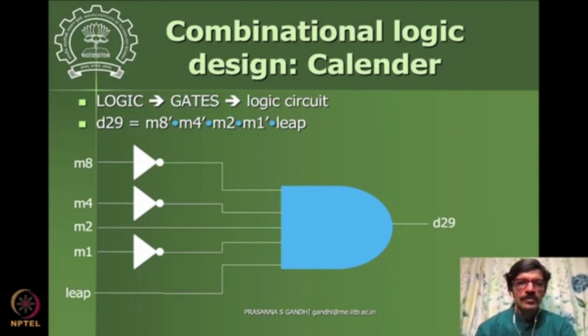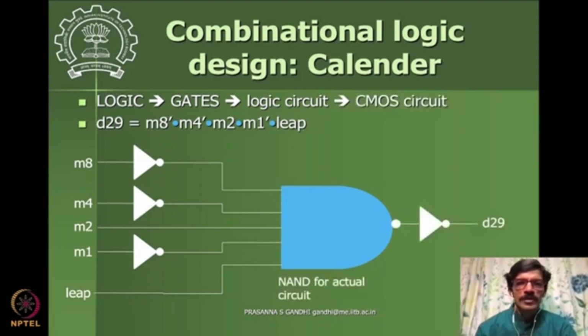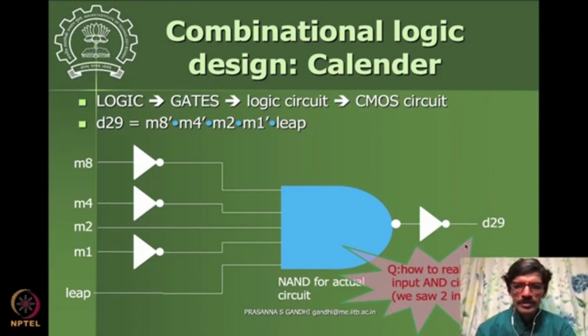Okay, so these are the different circuits for different outputs here. Now there are these questions you can ponder over. You can look at these questions and think about what could be the answer.